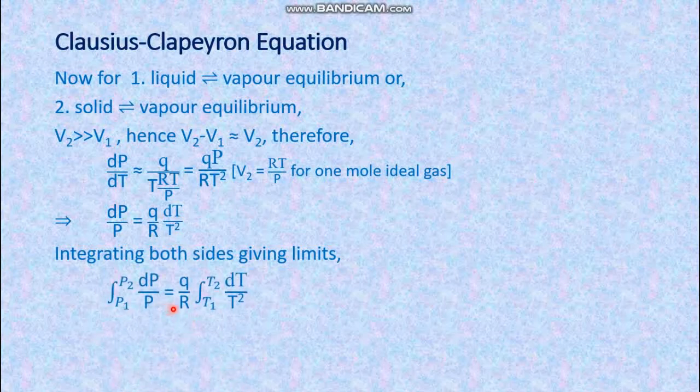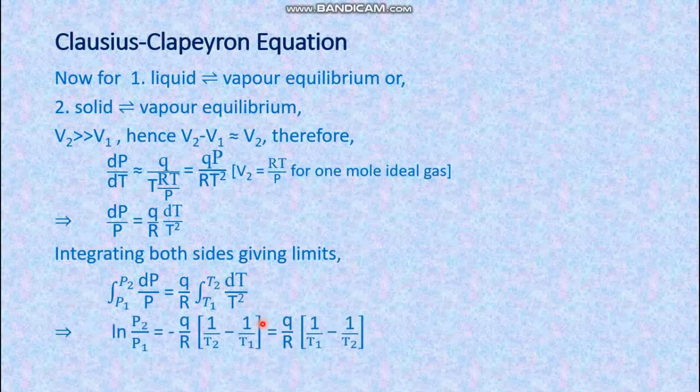Integrating both sides, the integral from P1 to P2 of dP by P equals the constant Q by R into the integral from T1 to T2 of dT by T squared. What should be the result? The result is natural log of P2 by P1 equals minus Q by R into 1 by T. If you put the limits, it becomes 1 by T2 minus 1 by T1. This minus can be adjusted by writing 1 by T1 minus 1 by T2.